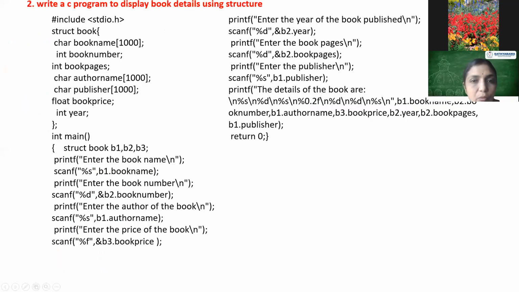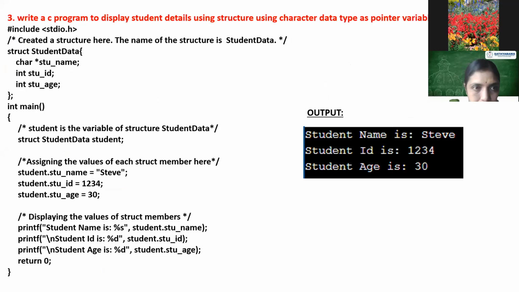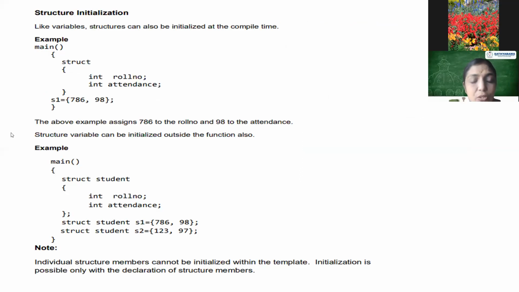And then we were discussing the initialization, right? So how we go for assigning a value to a variable, similarly, I can assign a value to the structure variable also. But in this case, you must remember that I should assign the values to the variables for all the data type members I have declared inside.